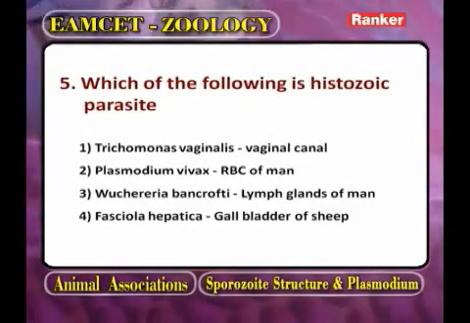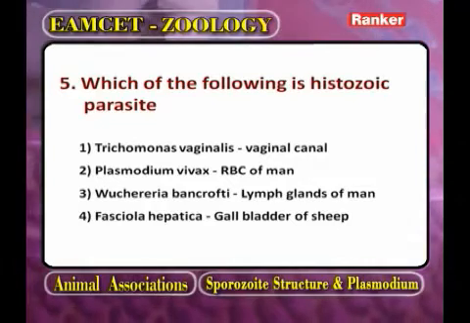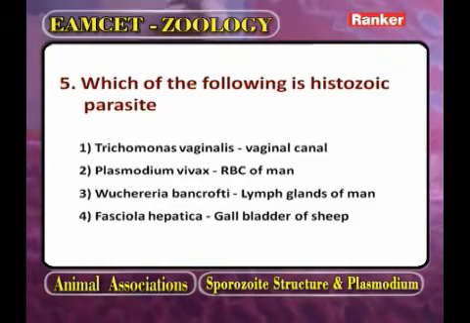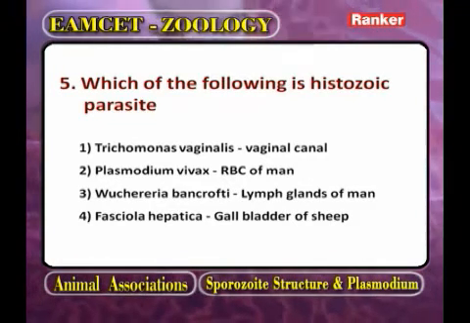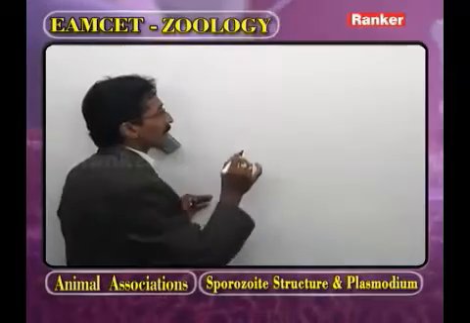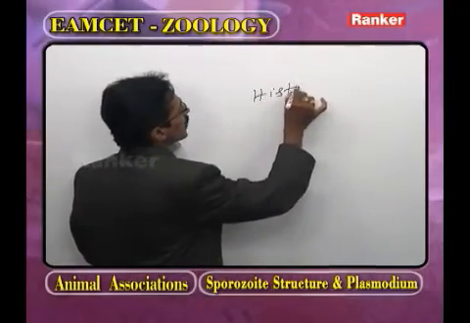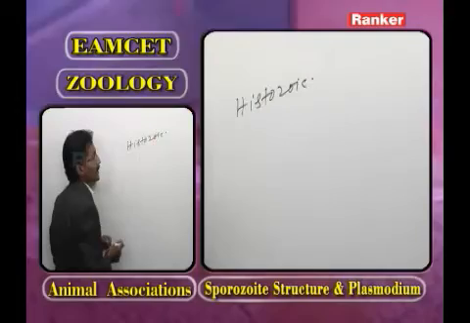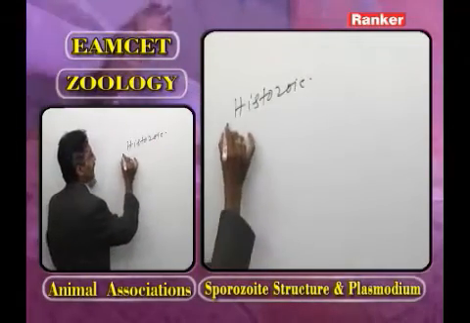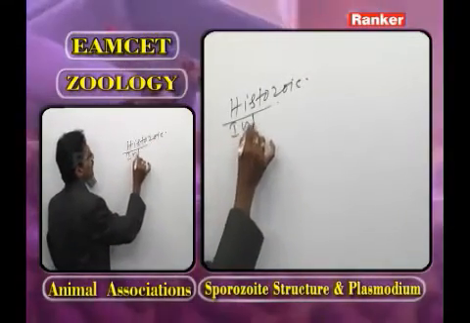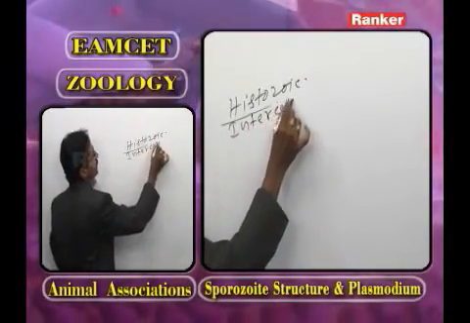Which of the following is a histozoic parasite? Now as we observe the types of parasites, among the endoparasites, one category we call histozoic. What is meant by histozoic parasite? It is also called intercellular or extracellular.